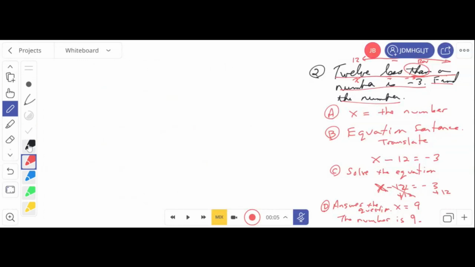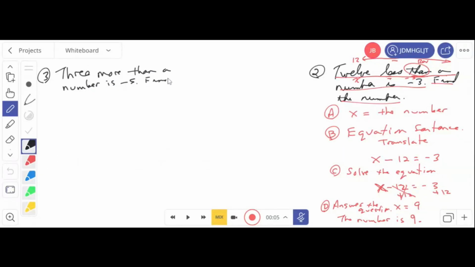Okay, let's look at number 3. Number 3 says, "3 more than a number is -5.